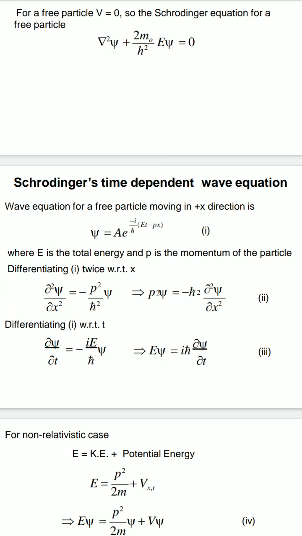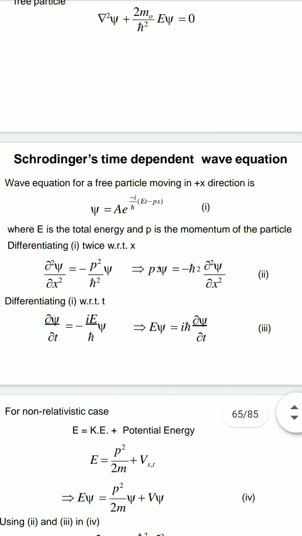If you do it again one more time, it will be A e raised to minus i by h cut (Et minus px) into i p by h cut, which will come two times. i p by h cut squared means minus p square by h cut square, since i square is minus 1. So it is minus p square by h cut square into psi. Understood? Okay. Now we rearrange it. p square psi is equal to minus h cut square into del square psi by del x square.